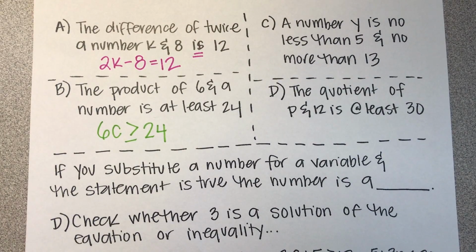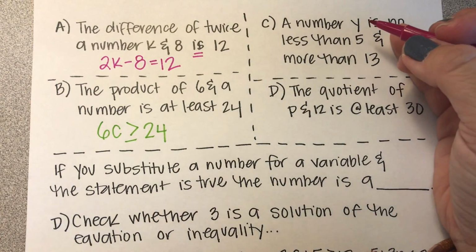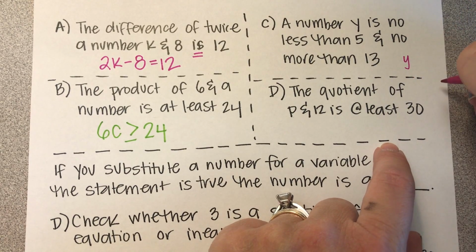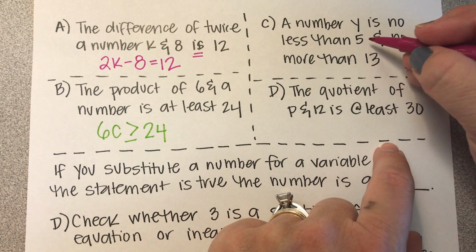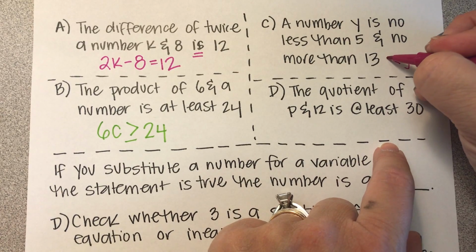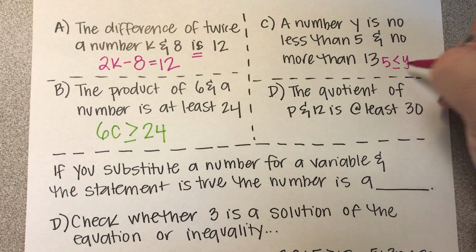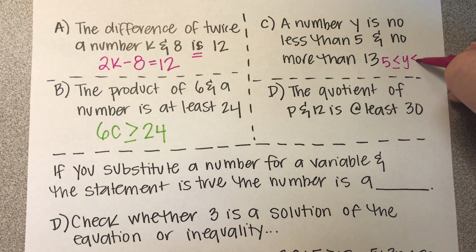Letter C says a number y is no less than 5 and no more than 13. So here's y. It can be no less than 5, so it has to be greater than 5. Could it be 5? Yes. And it could be no more than 13. Could it be 13?